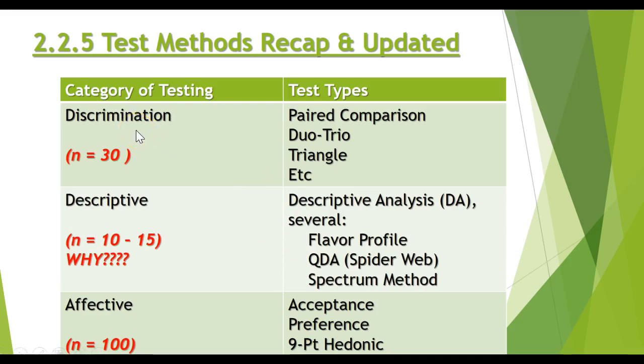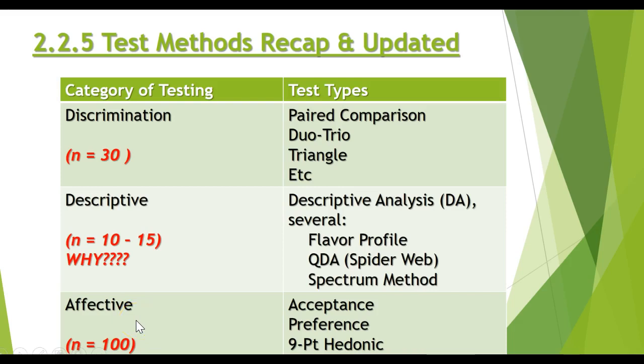Discrimination testing, validated product users. Descriptive testing, you're going to use trained subjects. And those subjects are going to use a couple different descriptive analysis tools. We'll talk about a couple of those, the QDA and the spectrum method, after the second midterm. We'll get into a lot more details on descriptive.